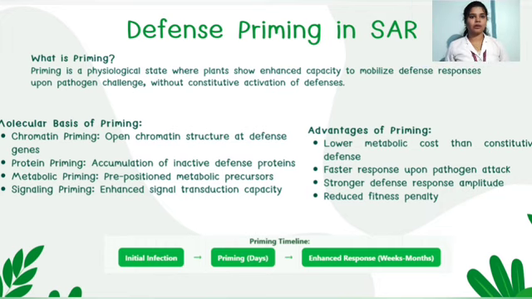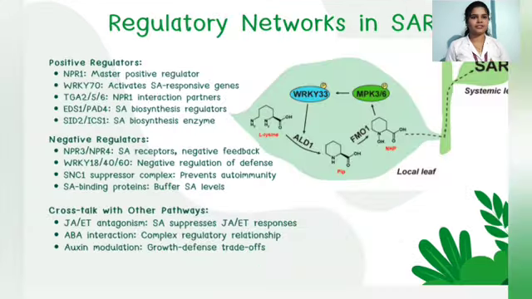The main positive and negative regulators of systemic acquired resistance: NPR1, WRKY70 and EDS1 are the positive regulators, while NPR3 and NPR4 and some WRKY proteins act as negative regulators.